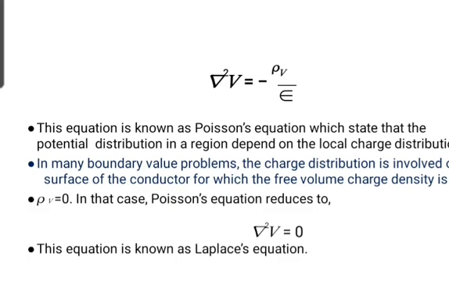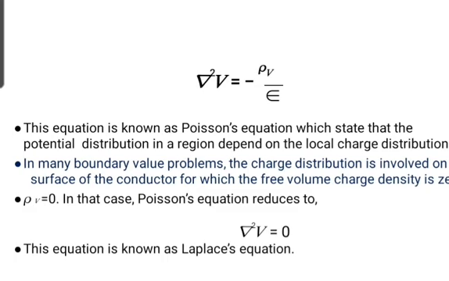Laplace's equation follows from Poisson's equation in a region where there is no charge density. No charge density means the value of rho is 0.